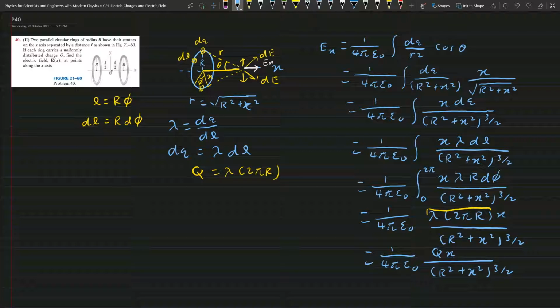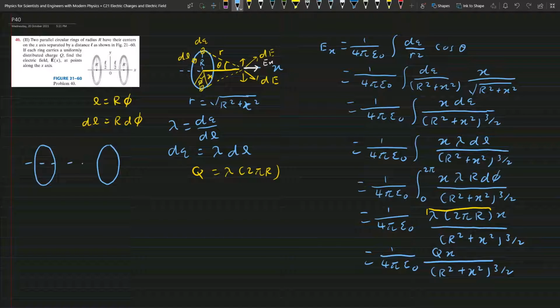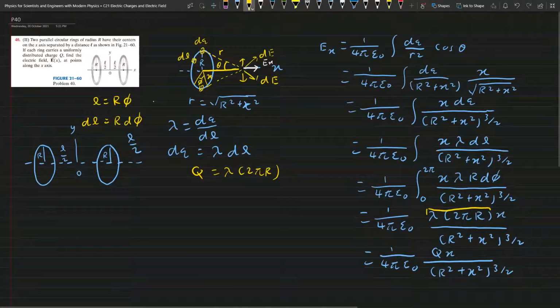But in our case, you see in the diagram the origin is not at the center of a ring, so we have to make some modification. This is R, and this is given by L over 2. Now from here to here is also L over 2, and let's call this ring the first ring.